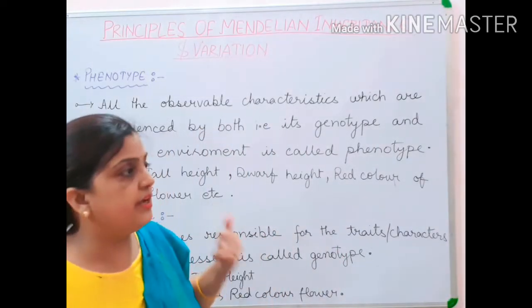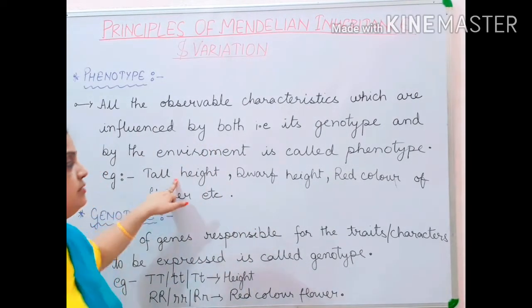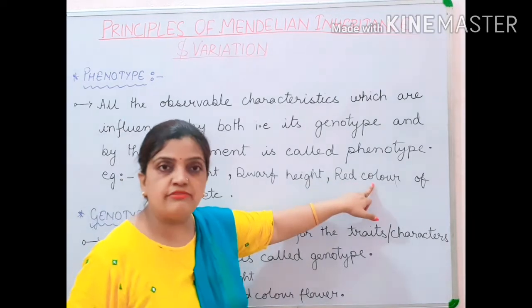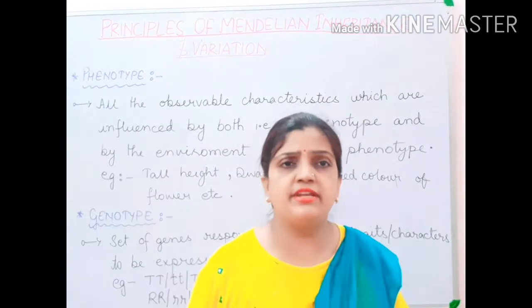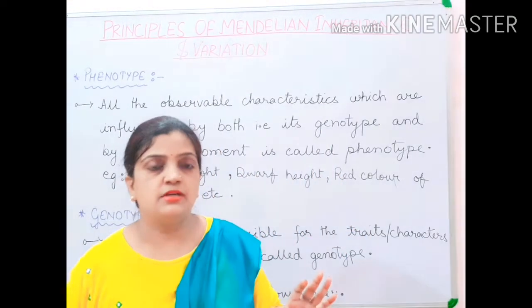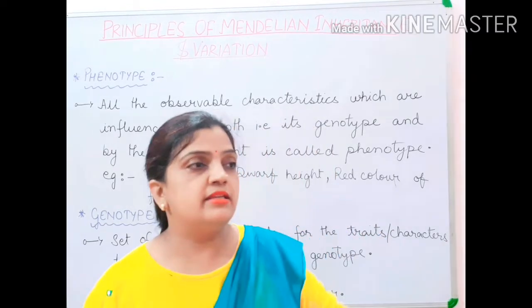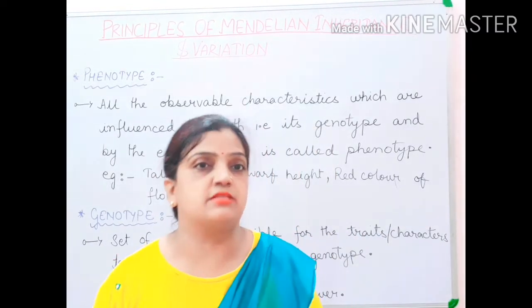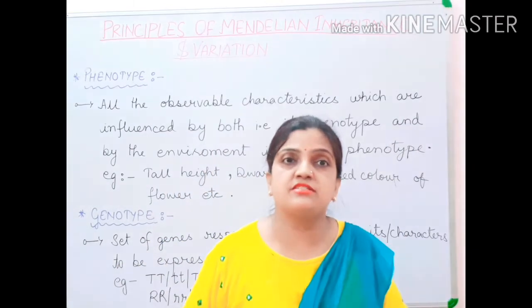Now children, as examples I have taken height, tall, dwarf, red color flower, blue color eyes, black color hair. Various characters are there in different types of living organisms. Children, in very simple words we can say that the characters which are expressed, tallness, it is a height which is expressed.